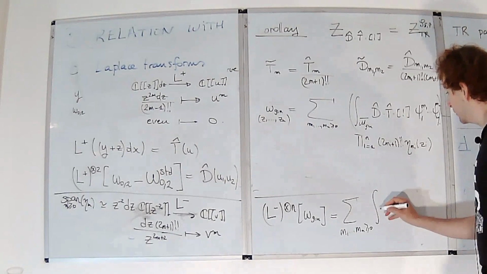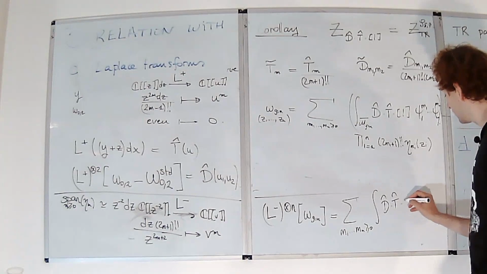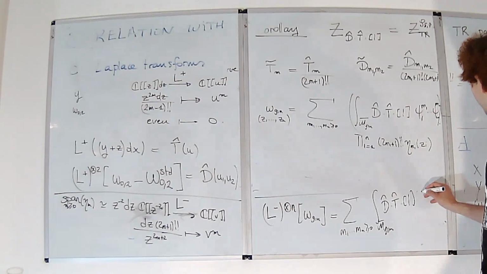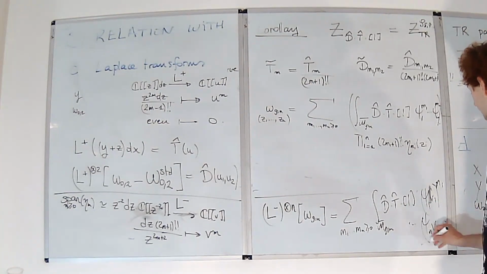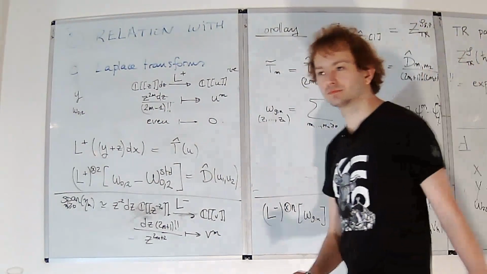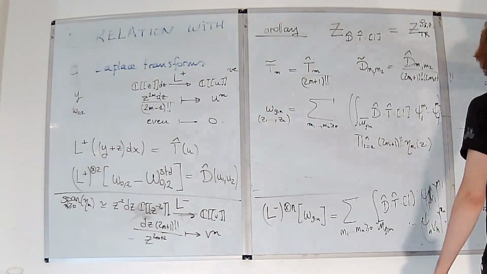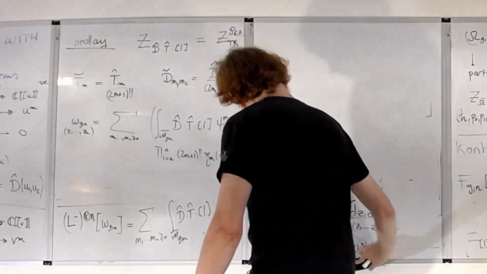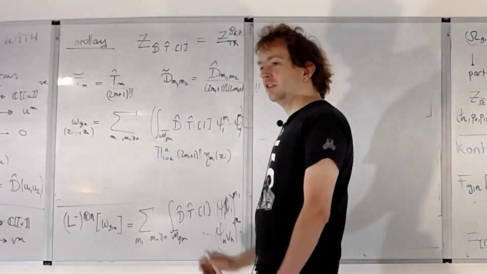And so here I will exactly get rid of these factors, and I get psi_1 times v_1 to the m_1, psi_n times v_n to the m_n. So now we got rid of all factors.